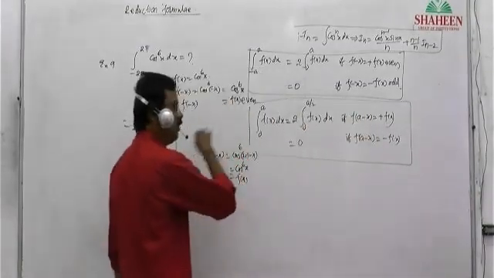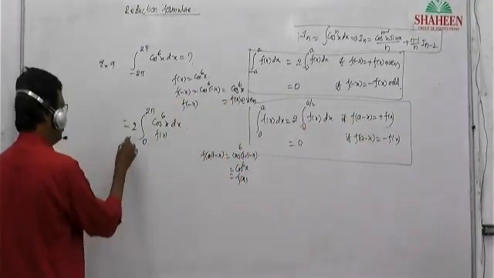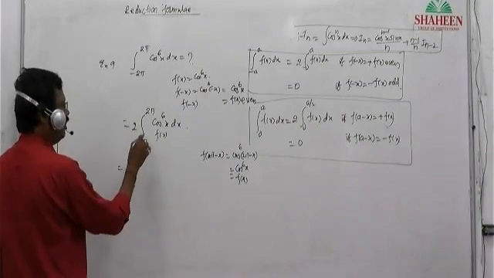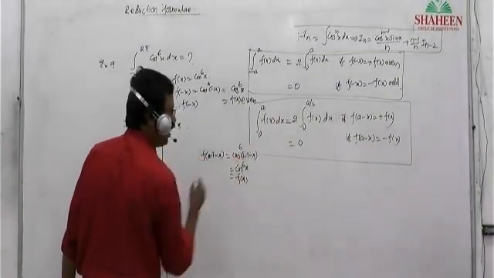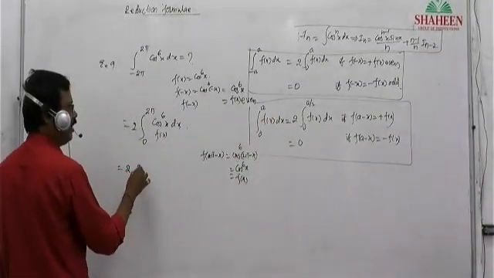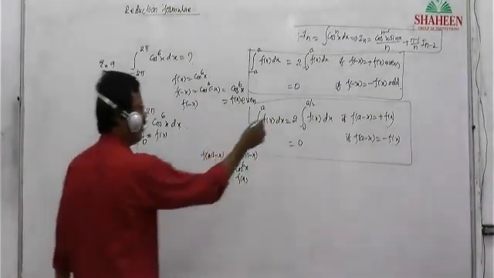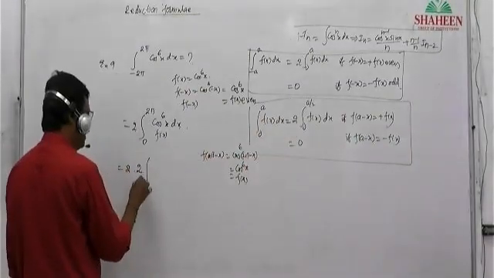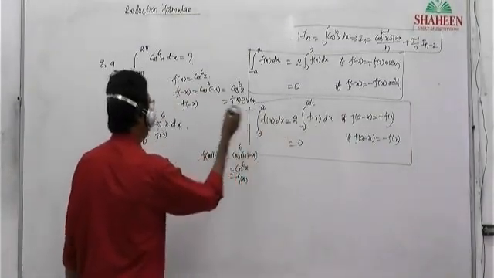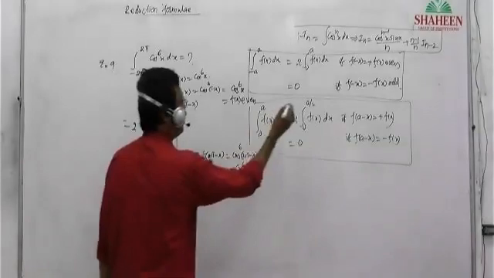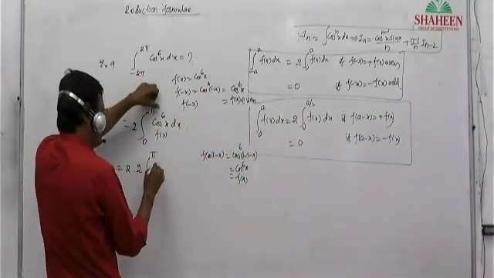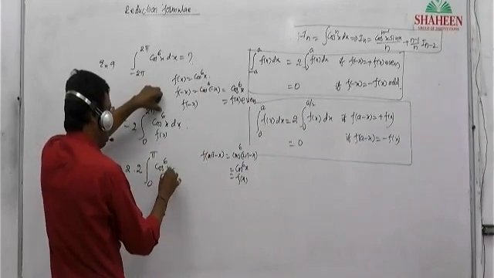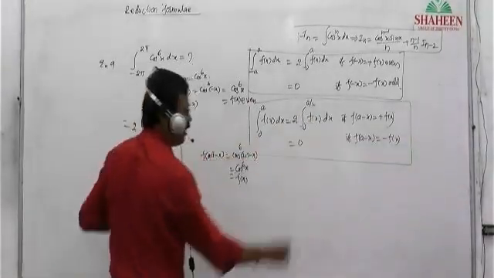Therefore, apply this formula. The 2 is already there, so now we write 2 times 2 times the integral from 0 to a by 2. A is 2 pi, so a by 2 is pi. Cos power 6x dx. We applied this formula.